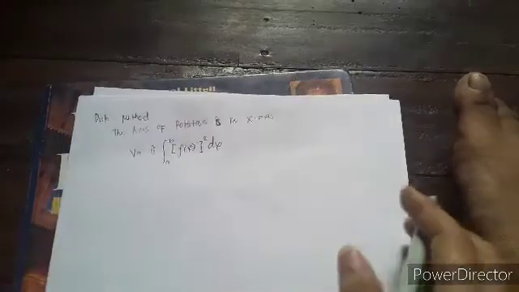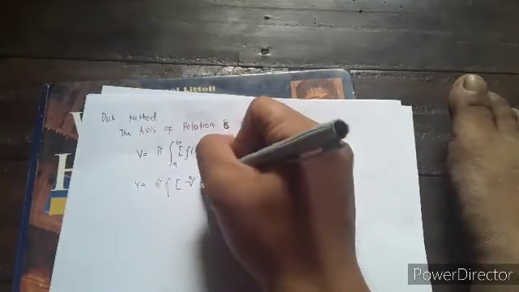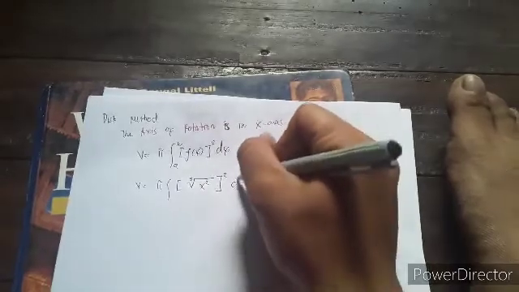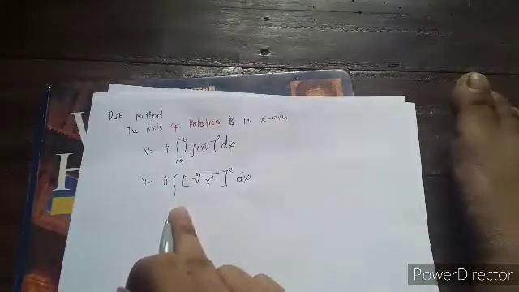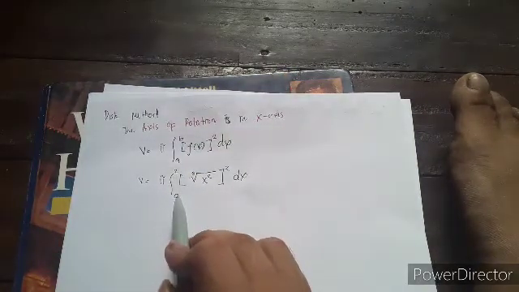Let's substitute. This becomes V equals pi times the integral of the cube root of x squared, raised to the second power, with respect to x, with the lower limit 0 and the upper limit 2 representing our limits of integration.